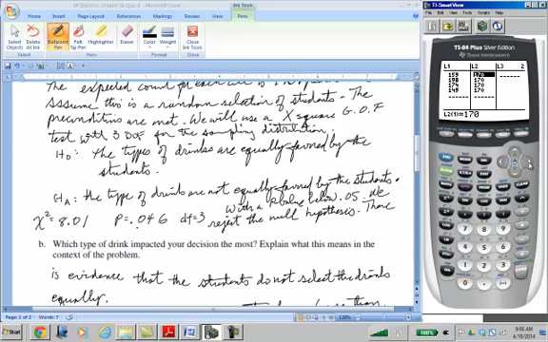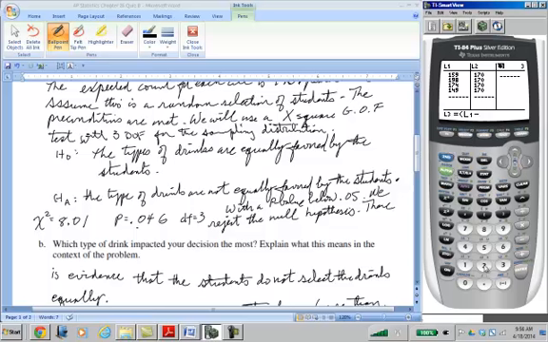Now this is easy to do for the goodness of fit, and here's how you do it. We're going to take L1, so we're going to take actual minus expected. So open parenthesis, L1 minus L2, close parenthesis, and I'm going to divide it by the square root of L2, the expected. Now what this gives me is not the contribution to the chi-square statistic.